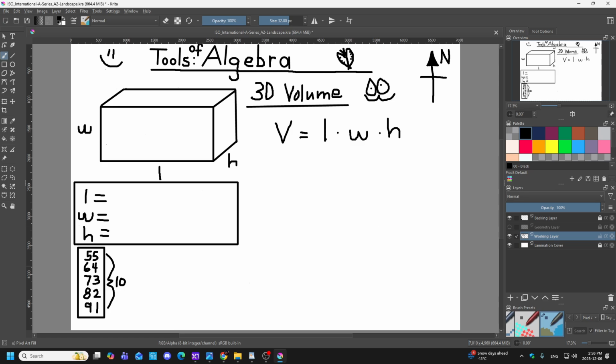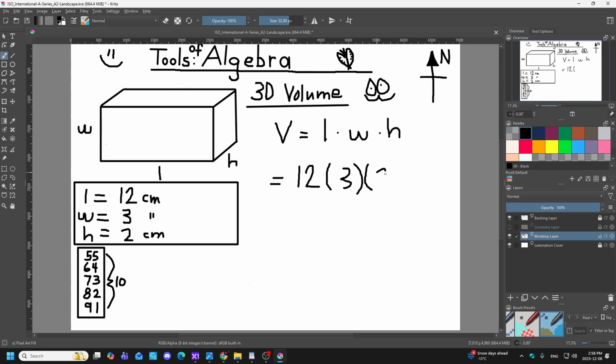Alright, let's do another quickly. 12 centimeters. And width is 3 centimeters. That's just showing that I'm repeating the centimeters. And the height is 2 centimeters. Okay. Substituting. Length 12. Width is 3.